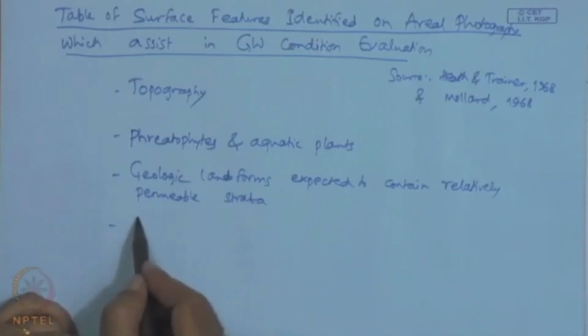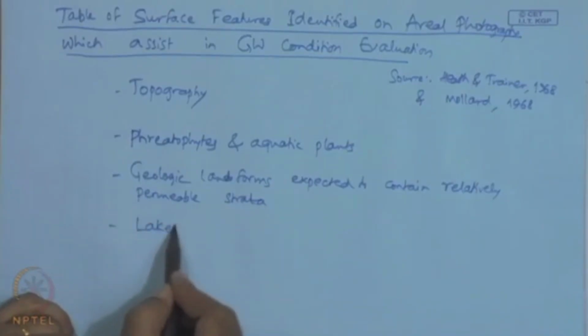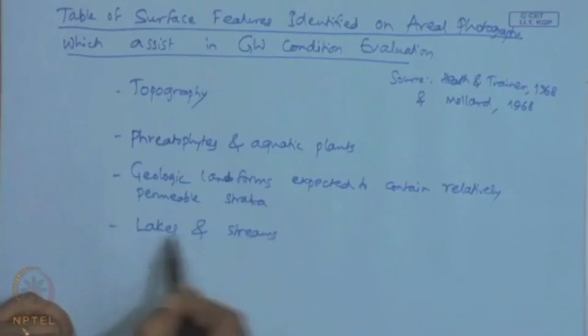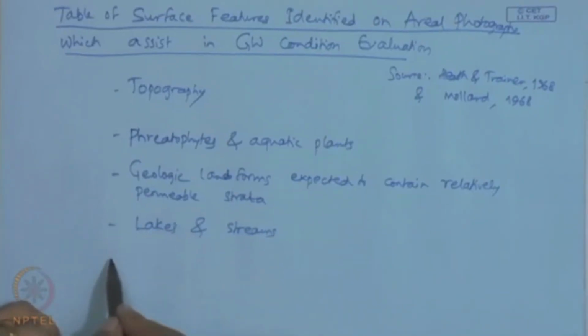Then we can also identify lakes and streams, which could be natural or reservoirs constructed out of dams.